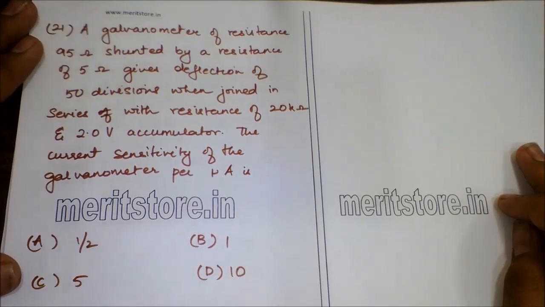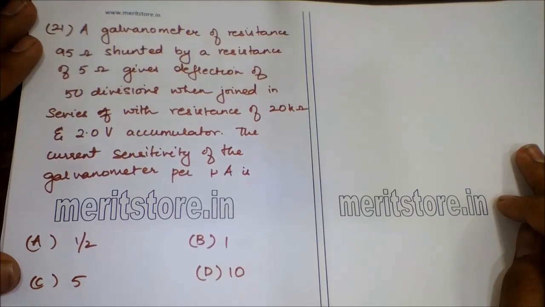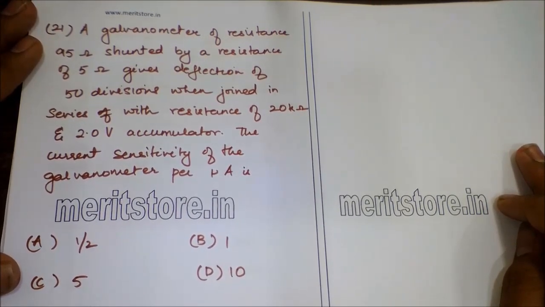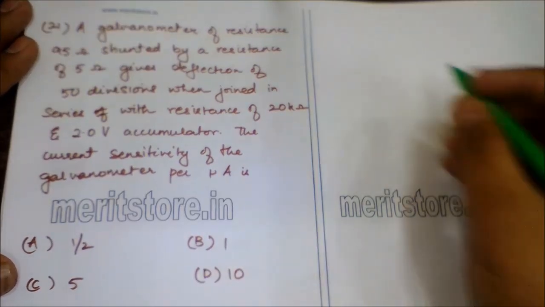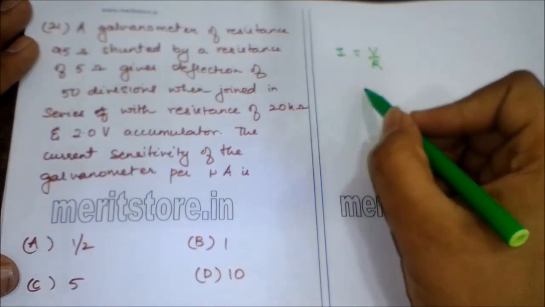Question number 21. A galvanometer of resistance 95 ohm shunted by a resistance of 5 ohm gives deflection of 50 divisions when joined in series with resistance of 20 kilo ohm and 2 volt accumulator. The current sensitivity of the galvanometer per microampere is. Now we know I is V by R according to Ohm's law.